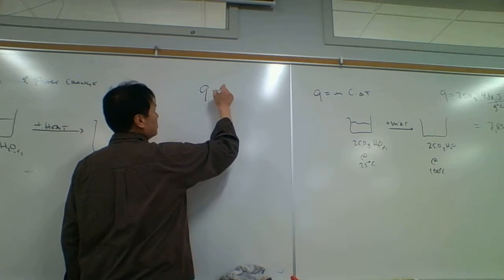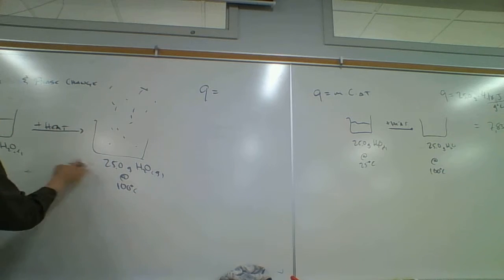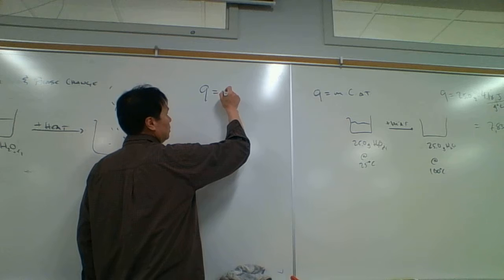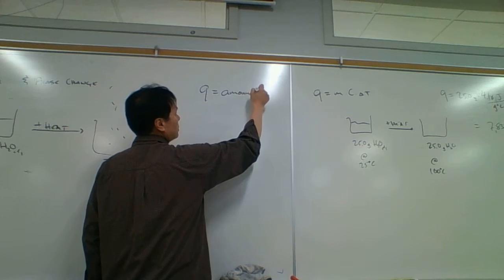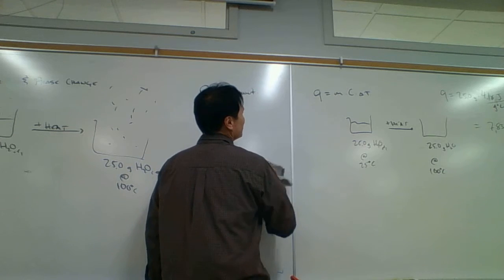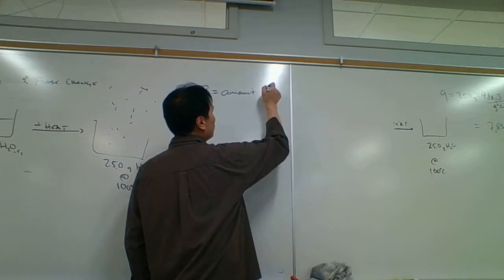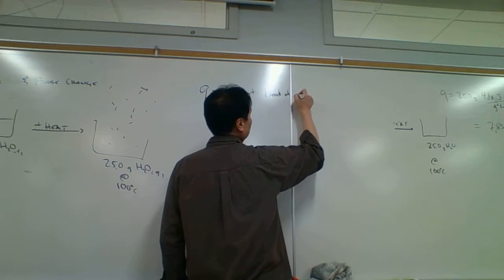So the other equation is when we have a phase change, that is, we're going from the liquid phase to the gaseous phase or some other transition, then Q, the heat, is equal to the amount times the heat of vaporization, or just the heat of the phase change.